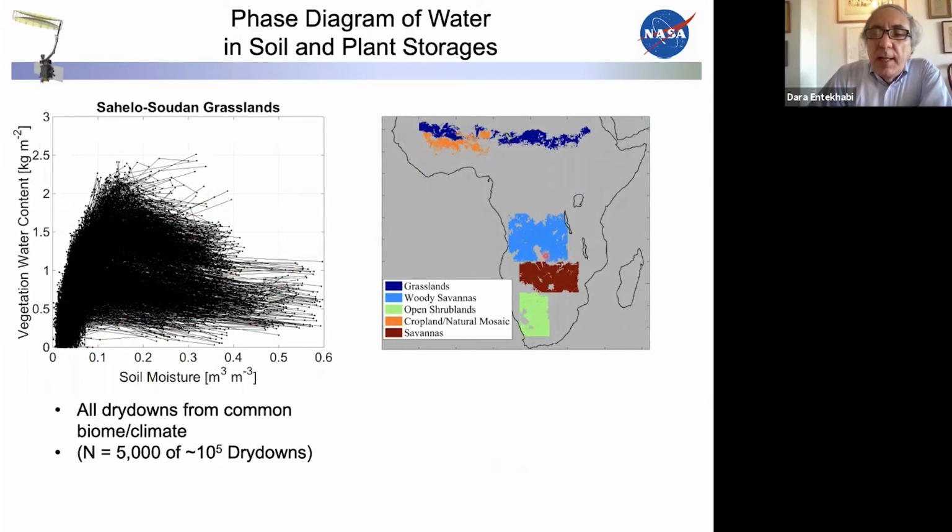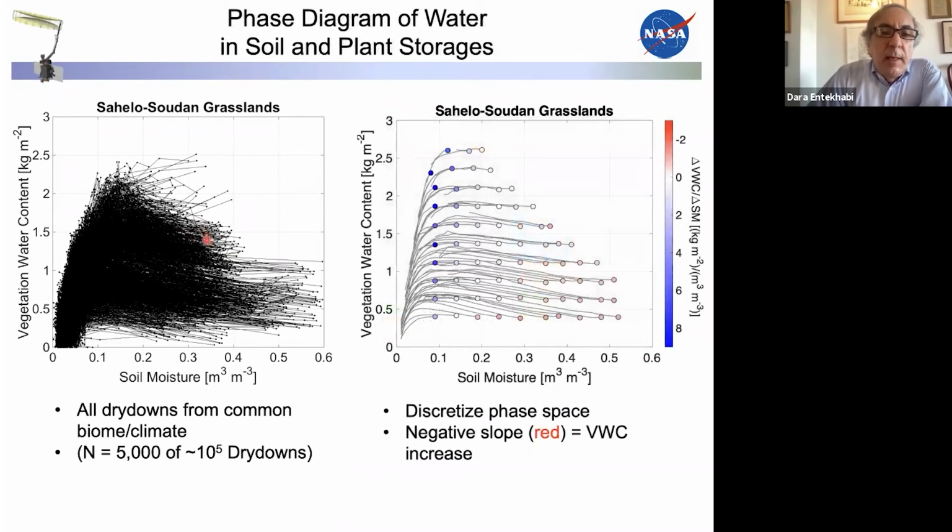We group them together for these sort of ecoclimatic zones, different types. And now we have a lot of these noodles, and we can make little boxes and average them so that we visualize them despite the overlap.